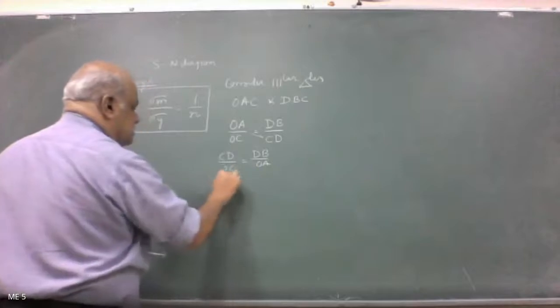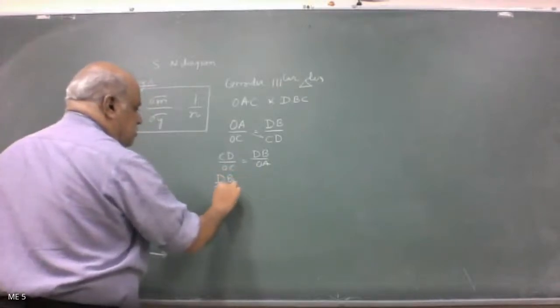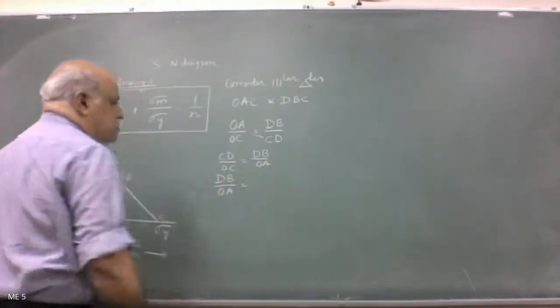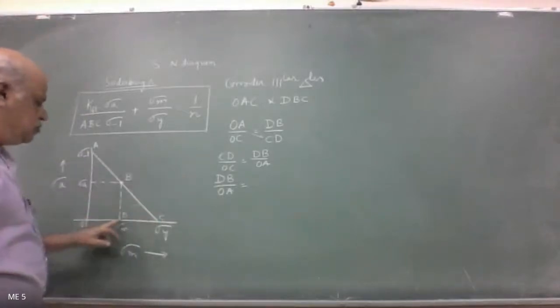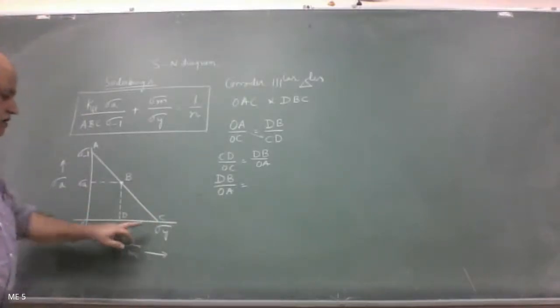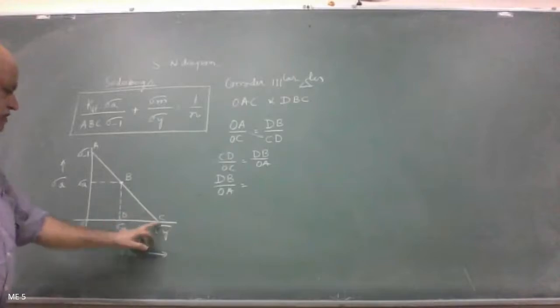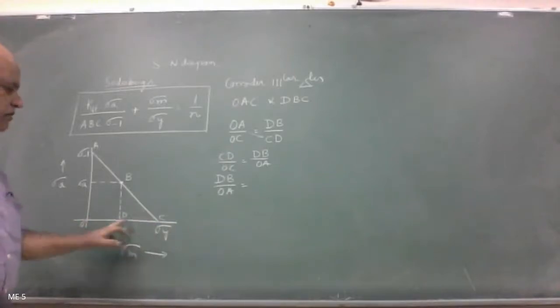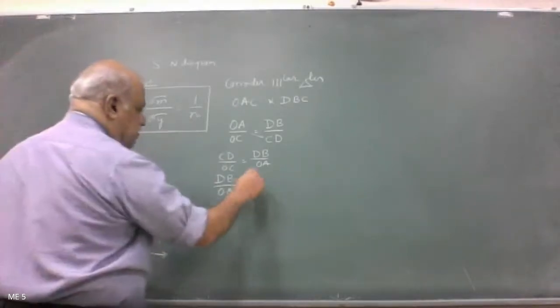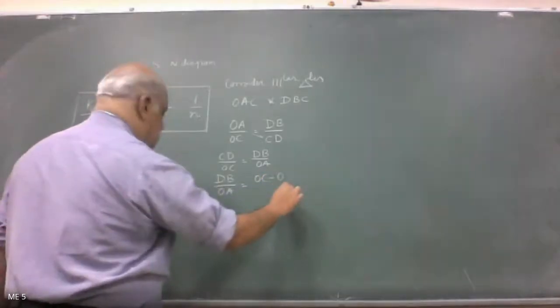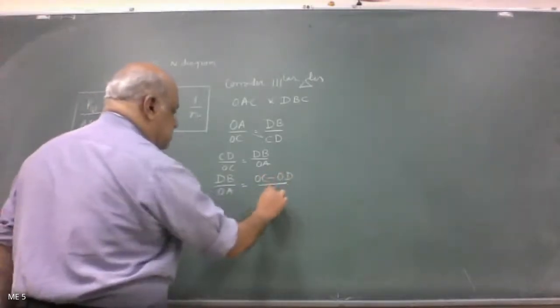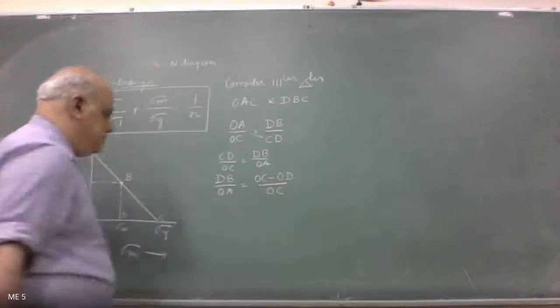I rewrite this as DB by OA is equal to CD by OC, and CD is nothing but OC minus OD. So OC minus OD will give me CD, divided by OC.